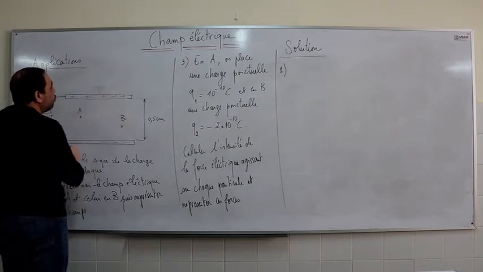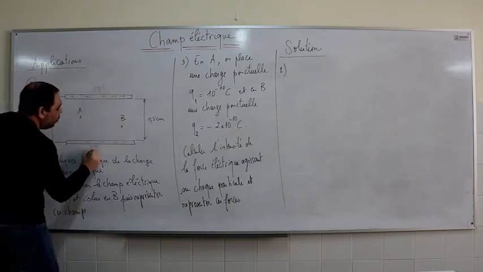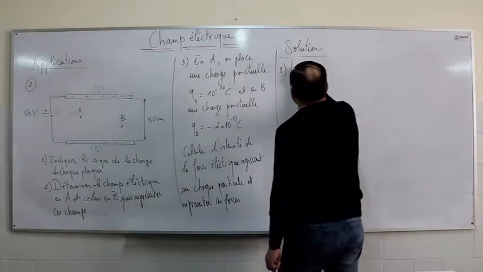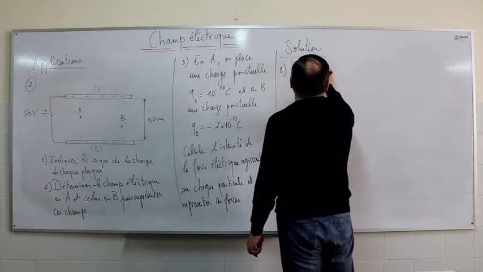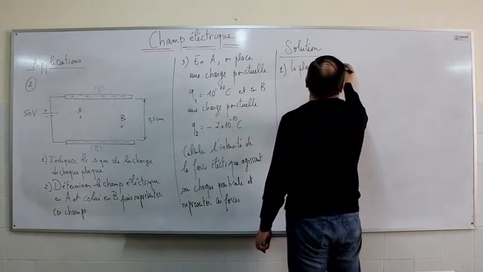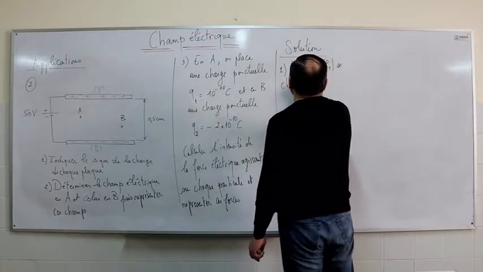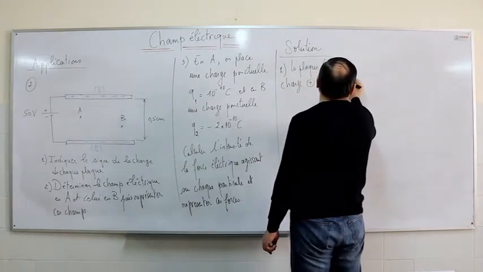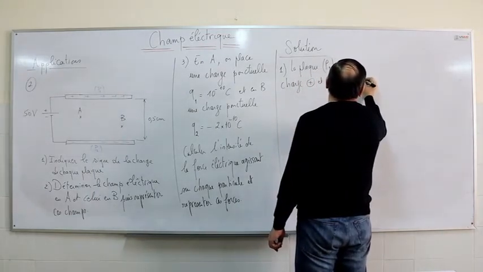The plate P1 will be positively charged. The plate P2 will be negatively charged.